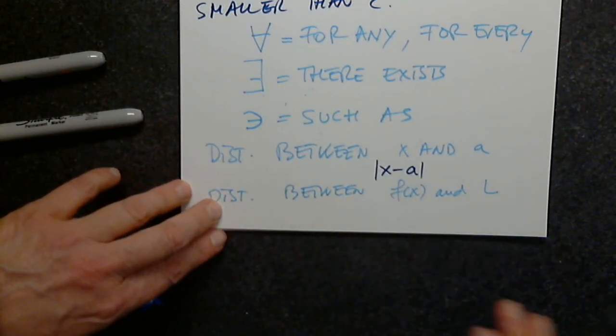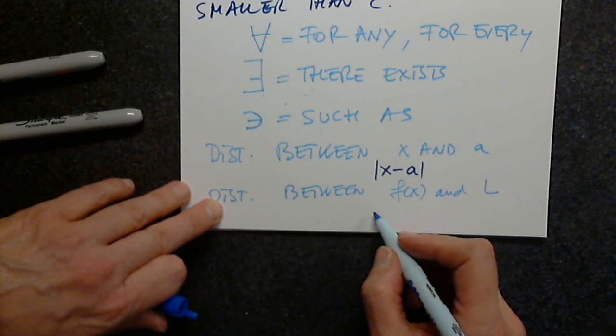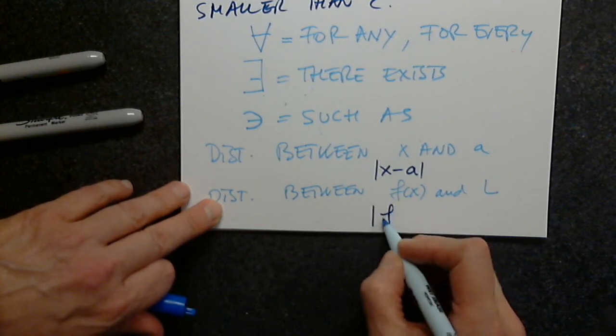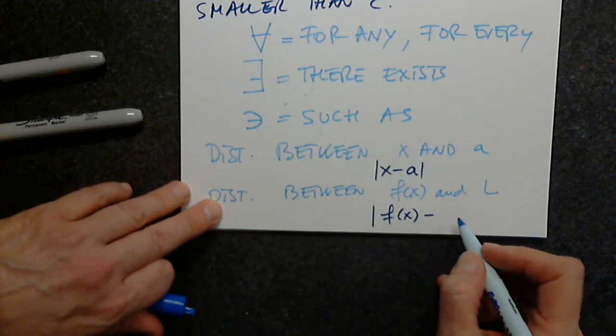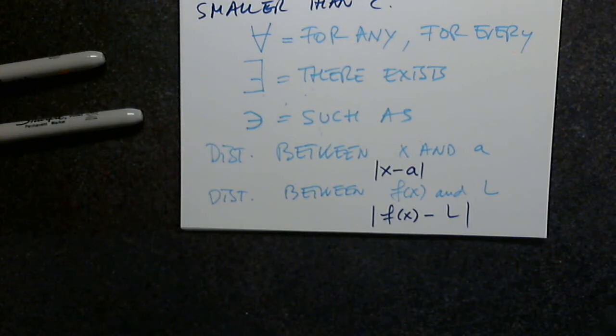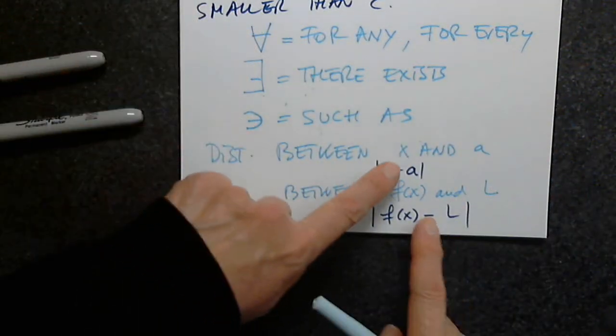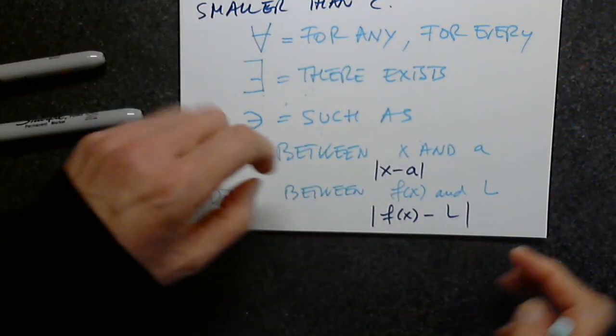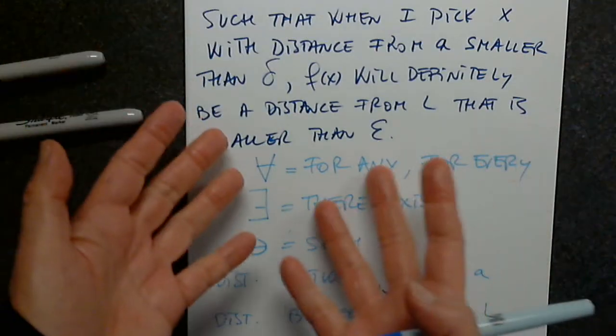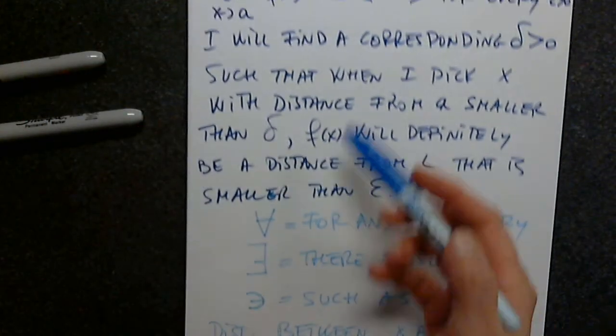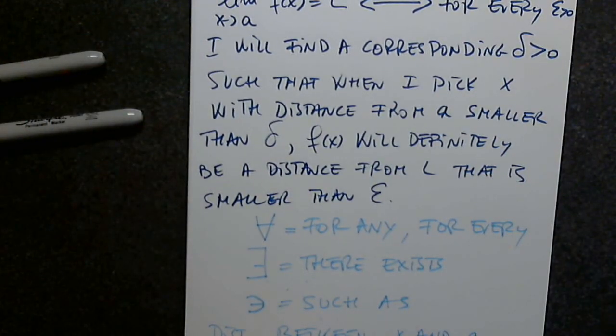How do I write the distance between f of x and L? That's it. So please remember these. The absolute value of x is the distance between x and 0. So now we're going to use all these symbols, 1, 2, 3, 4, 5, and write this in only one row, not 6.